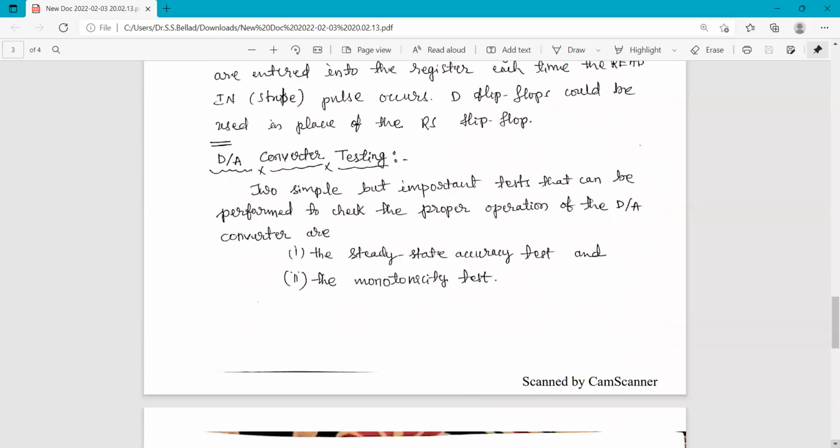And here I will explain how these digital to analog converters are tested, or how these digital to analog converters are checked. So two simple but important tests that can be performed to check the proper operation of these digital to analog converters are the steady state accuracy test and the monotonicity test.